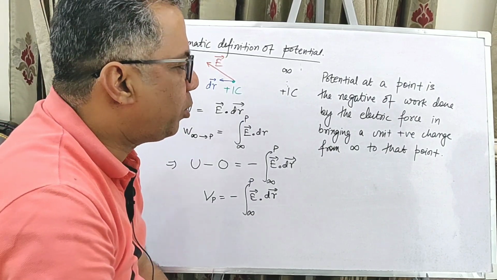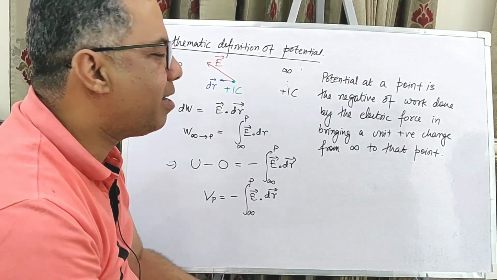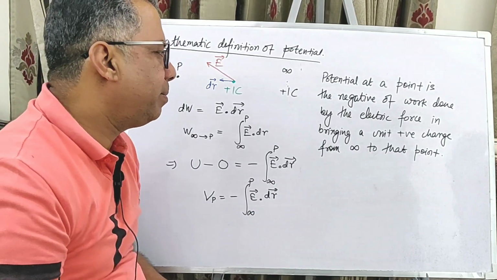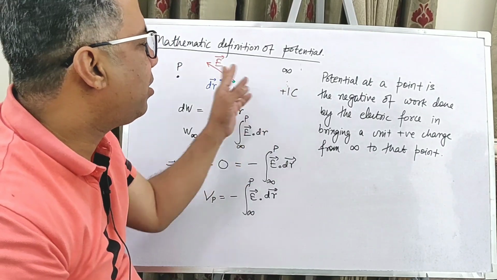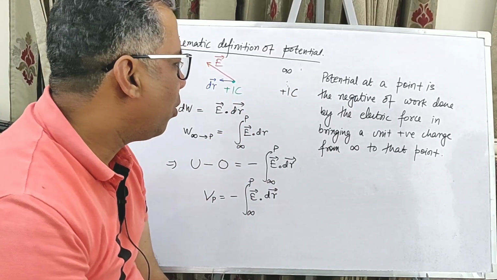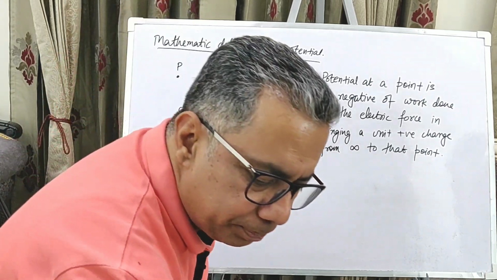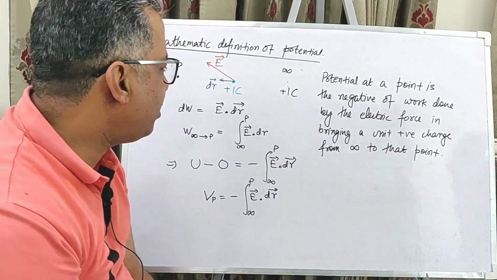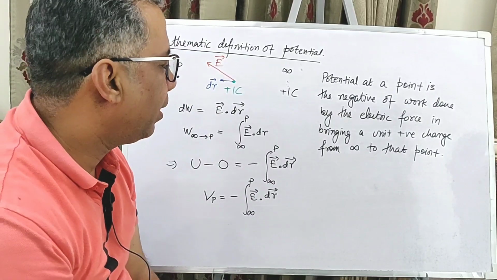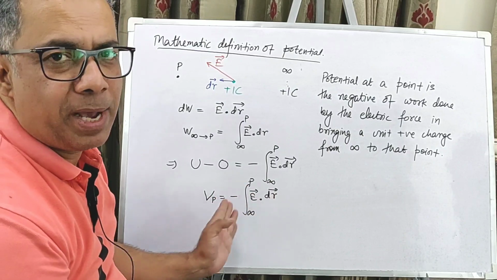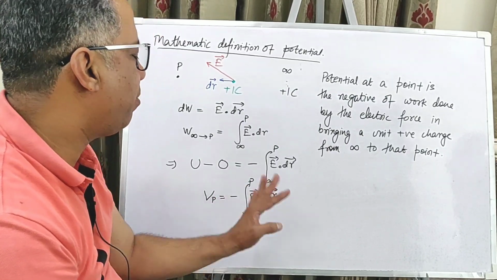I do not wish to do some unnecessary repetition here, so you can make that calculation on your own and check this out for yourself whether you get the same magnitude or not. So here what we've done is we've defined potential at a point in terms of the work done by the electric field on a unit positive charge.